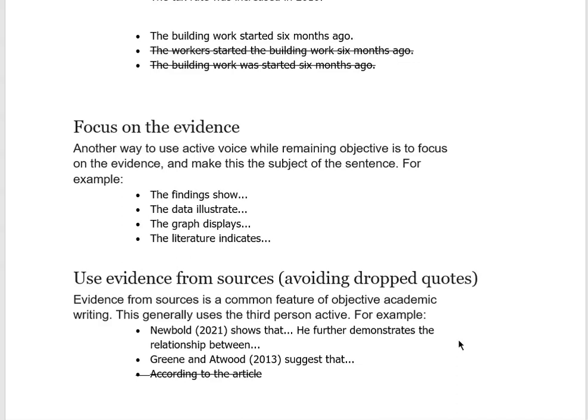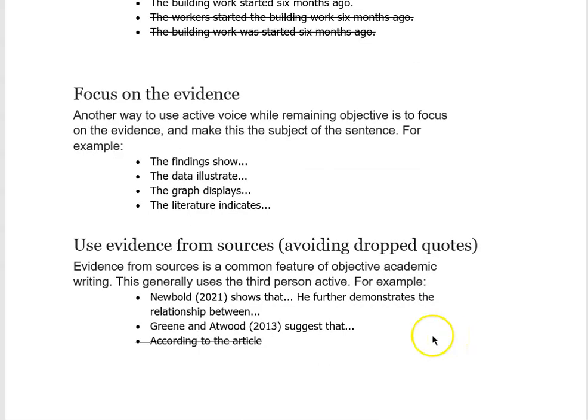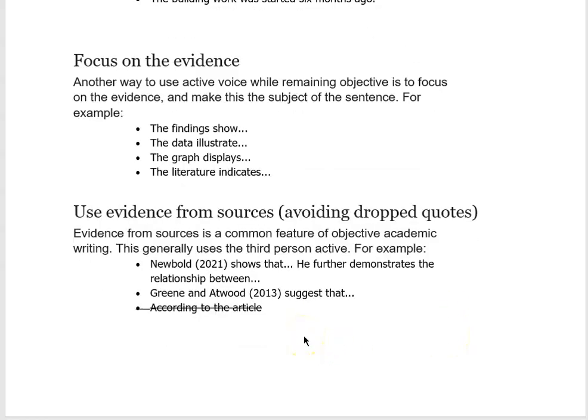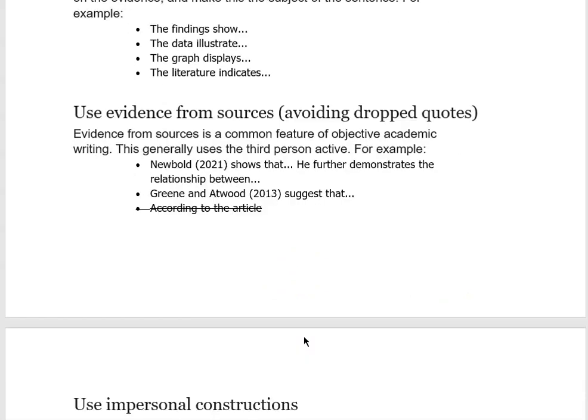People talk. So talk about Newbold, who wrote the article, and the title demonstrates, and then quote. Make sure you always use a person that discusses what was in the article they wrote. Never write according to the article because, again, articles don't talk.